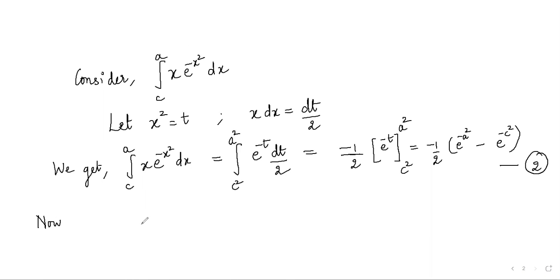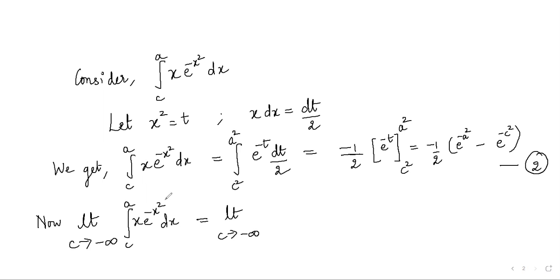Now limit c is tending to minus infinity. The integral is this, c to a x e raised to the power minus x² dx, limit c tending to minus infinity.